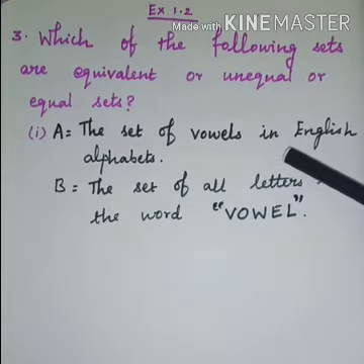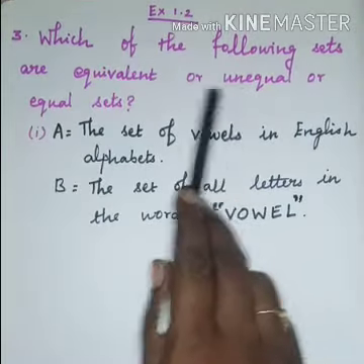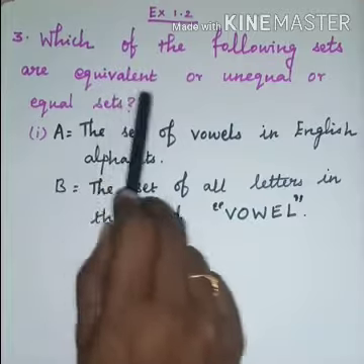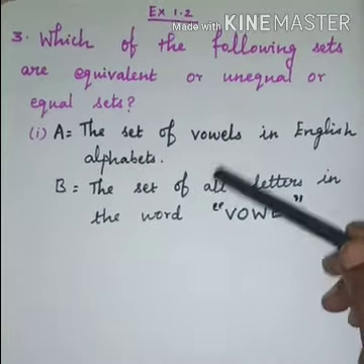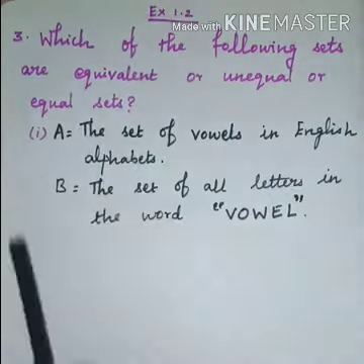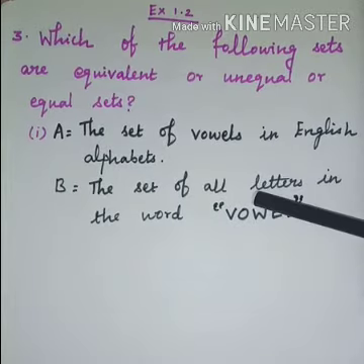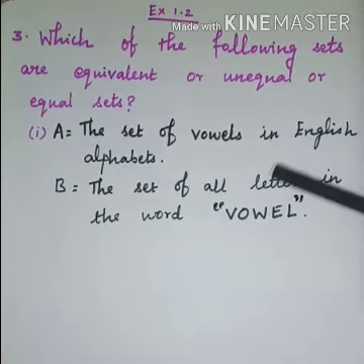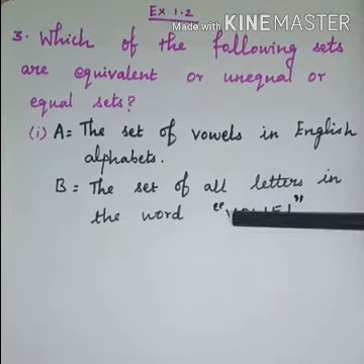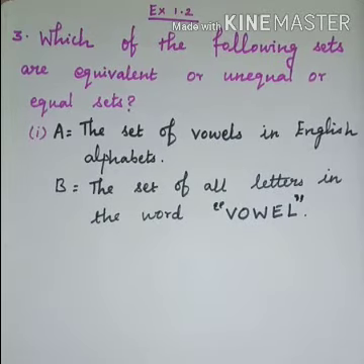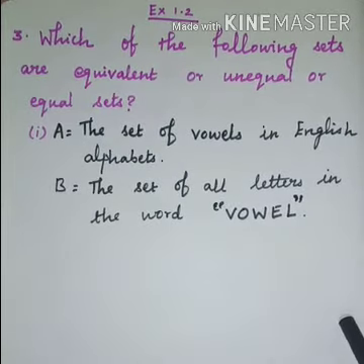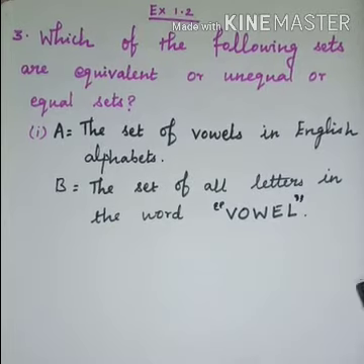We have already seen the definitions. If two sets have the same number of elements, then they are called equivalent sets. If these two sets have exactly the same elements, then they are called equal sets. Otherwise, they are said to be unequal sets.